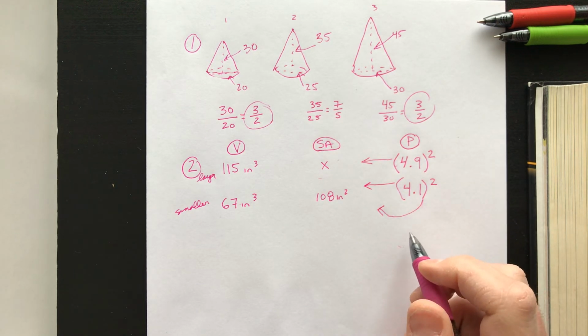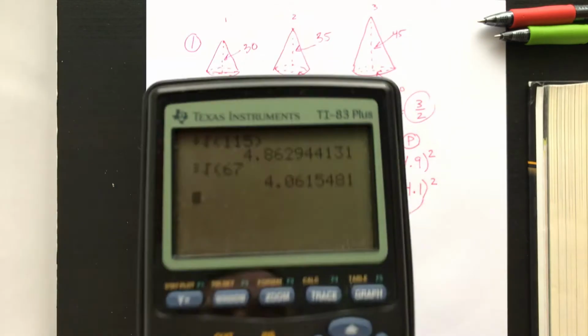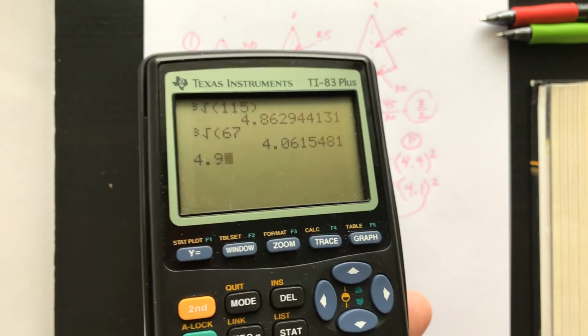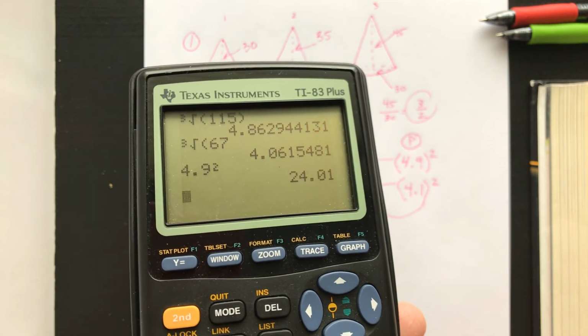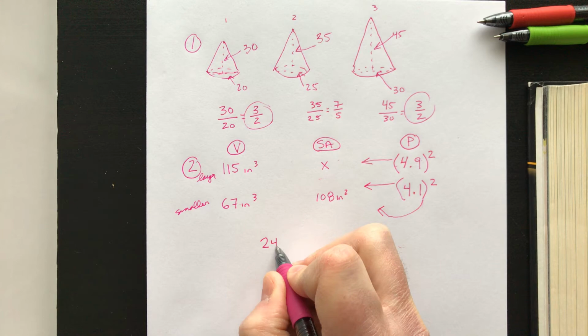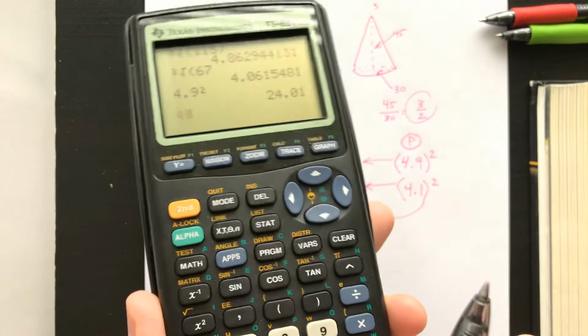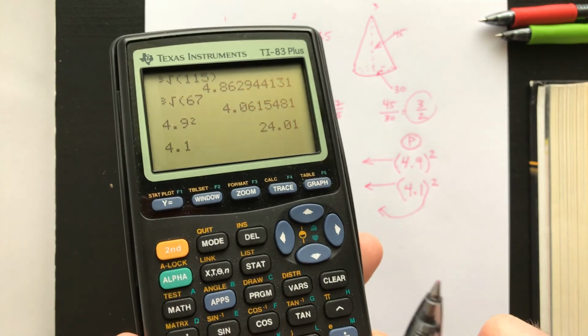And remember, this is your larger, this is your smaller. So I'm going to take 4.9 squared. I get 24.01. Remember, that is the larger figure. And then I'm going to take 4.1 squared. I get 16.81.